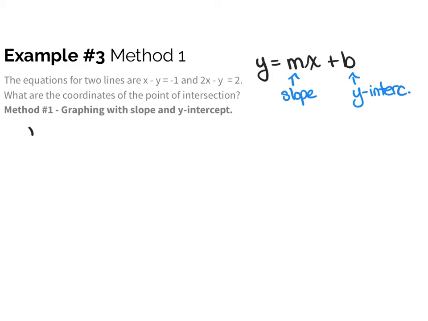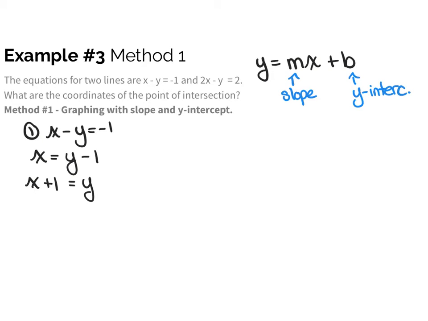So when we looked at number 1, I have x minus y equals minus 1. I wanted to change it so it looked like y equals mx plus b. So I moved the y over to be x equals y minus 1. And then I moved that 1 back over to be x plus 1 because the sign changes when you move it.